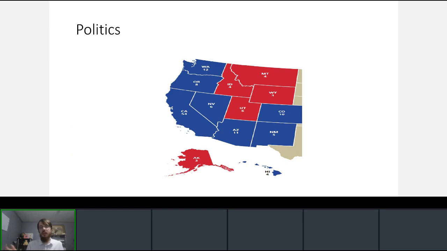Here, currently, the politics is kind of split based on where you're at. Since 1992, places like Washington, Oregon, and California have all gone for a Democrat every single time. Then you have places like New Mexico that in 2004 voted for George W. Bush. And then states like Colorado and Nevada have been trending Democratic across time.